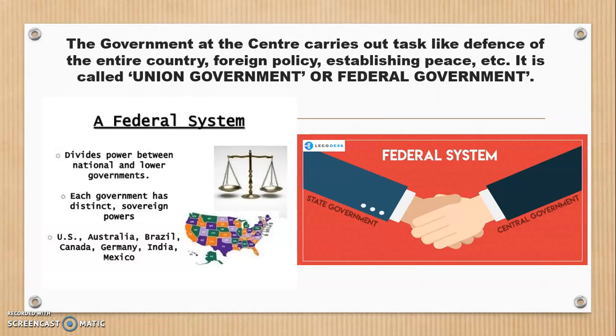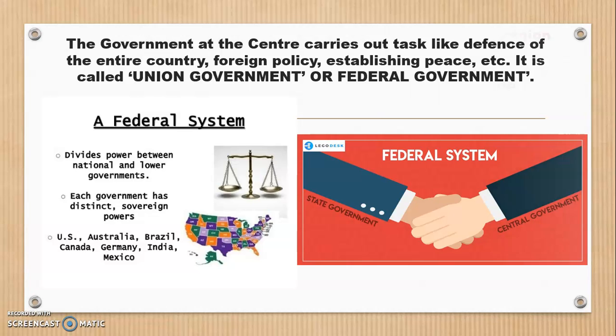That is, protecting the internal and external boundaries, looking after the administration, foreign policies, financial policies and all. This is carried out by the union government, or what we call the central government. The pictures are in front of you, which you can view. When both the state and the central government work together, only then is the country's administration in progress.